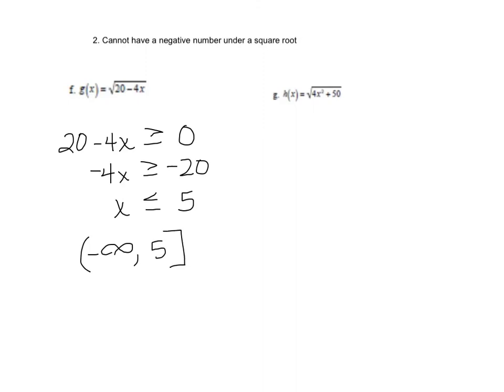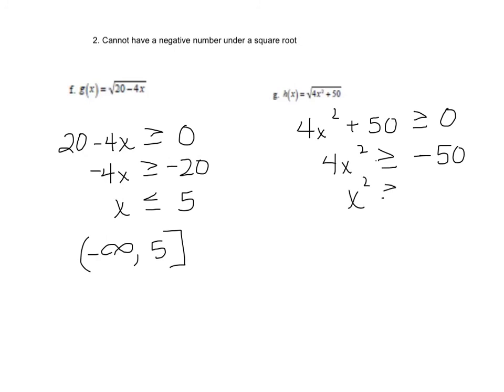Okay, same deal here. If you have 4x squared plus 50 has to be greater than or equal to 0, because it could be 0 under there. So I would have 4x squared is greater than or equal to negative 50. So x squared is greater than or equal to negative 50 over 4. And this is not real. So what is this saying to you?